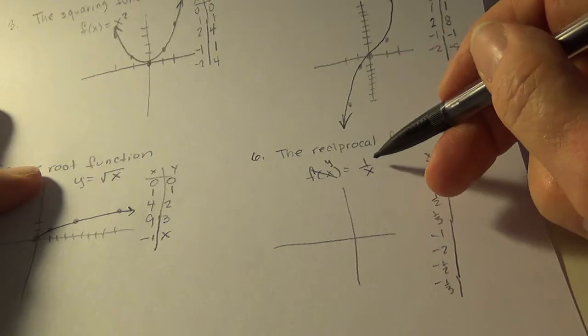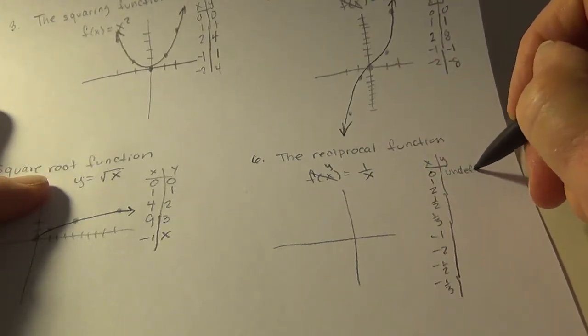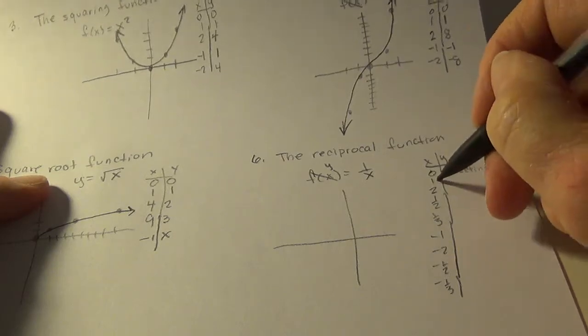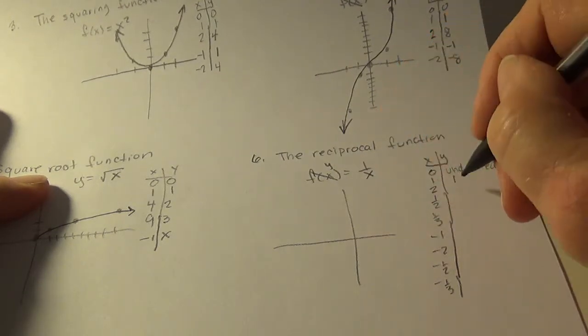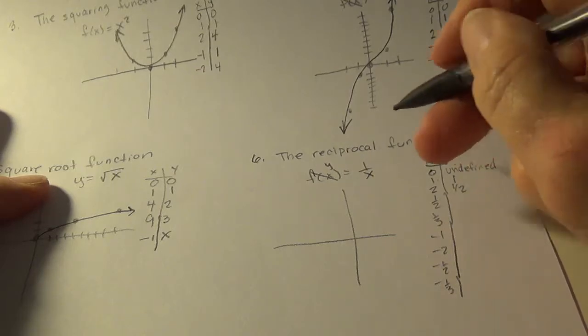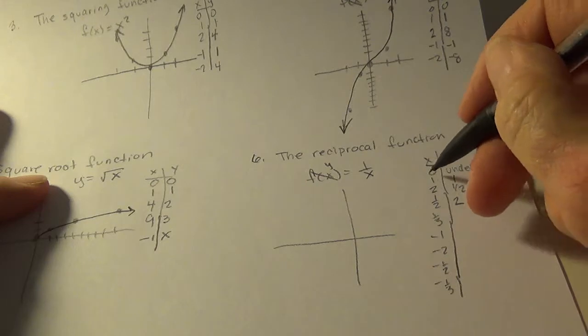When we put 1 over 0, we get undefined, so we cannot have a value there. When we put 1 in for x, we get 1. 2, we get 1/2. 1/2 gives us 2. Let me graph these as I go.